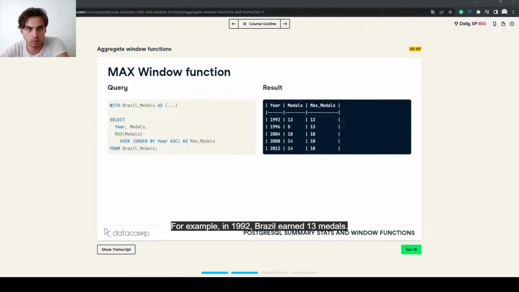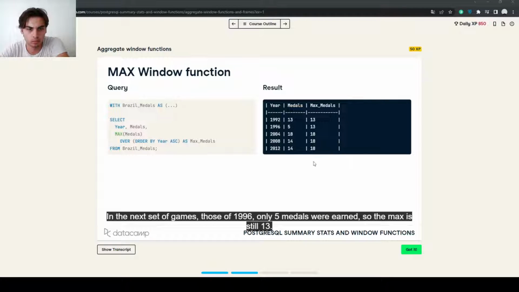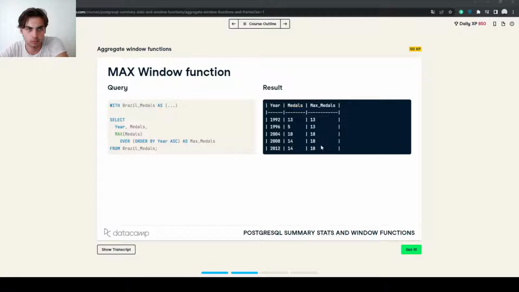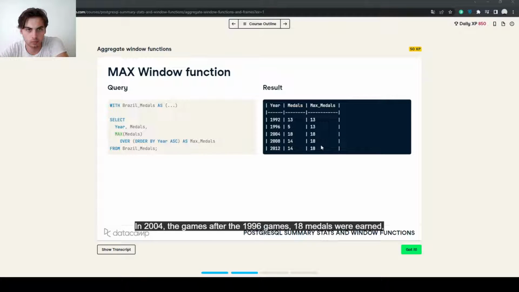For example, in 1992, Brazil earned 13 medals. Since it's the first row, that's the max so far. In the next set of games, those of 1996, only 5 medals were earned, so the max is still 13. In 2004, 18 medals were earned, which is higher than the previous max of 13, so the max becomes 18.